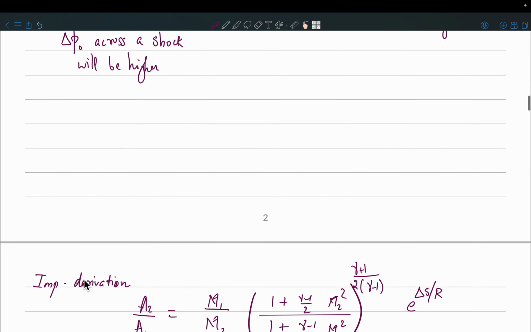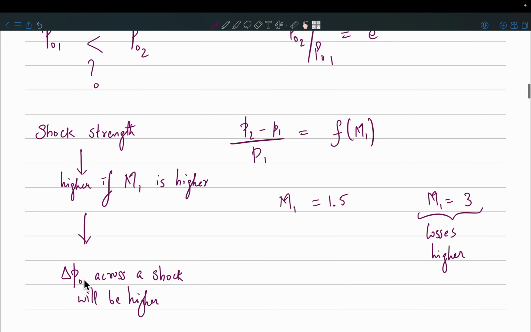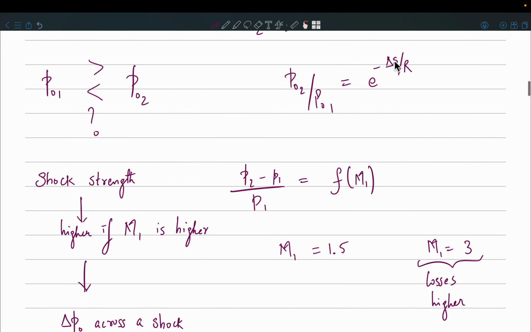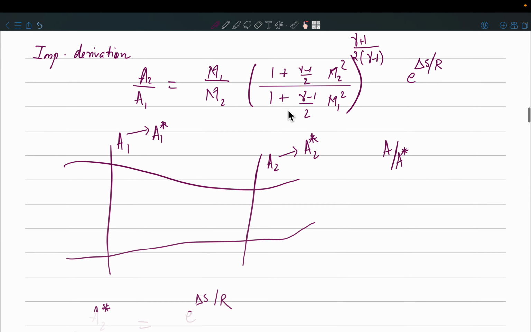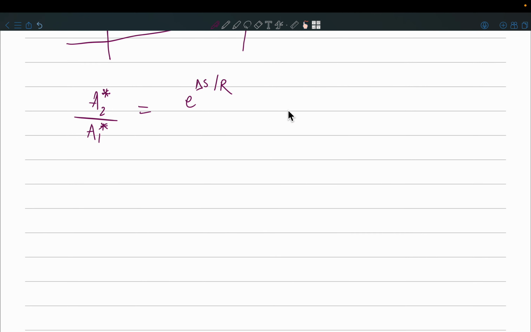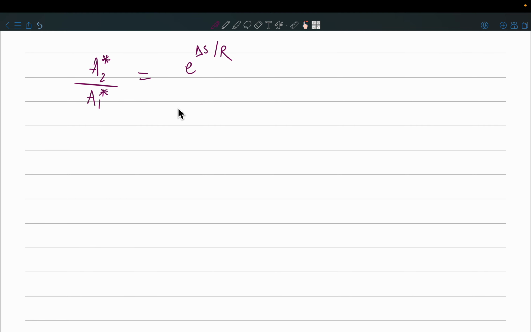Now you go back and compare this to your delta P equation. What this means, if entropy increases, stagnation pressure will decrease. You agree? Okay, simple maths. Let's multiply both these equations. Okay, so what do we get from that?